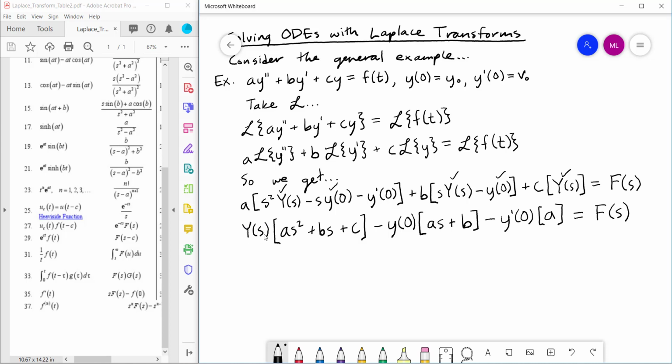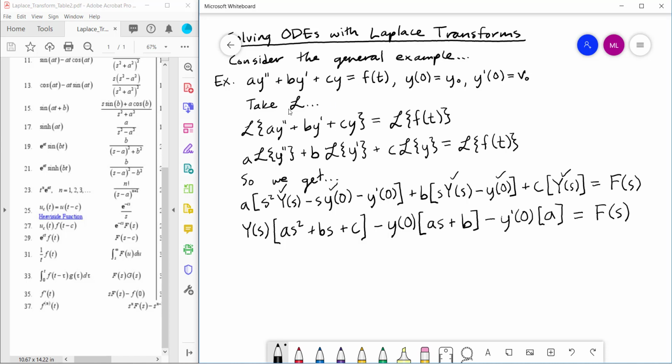So once I solve for capital Y of s and have it by itself on one side of the equal sign, we'll be able to take the inverse Laplace transform of that result to get back to the lowercase y, which would be the solution to the original differential equation.